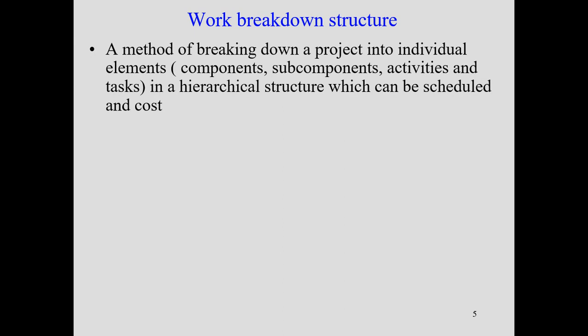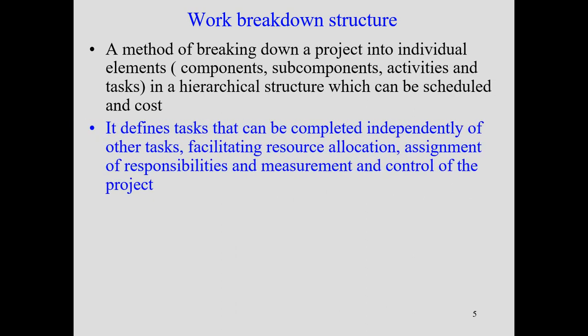Now the work breakdown structure is a method of breaking down a project into individual elements, components, subcomponents, activities and tasks in a hierarchical or sequential structure which can be scheduled and costed. It defines a task that can be completed independently of other tasks, facilitating resource allocation, assignment of responsibilities, and measurement and control of the project.